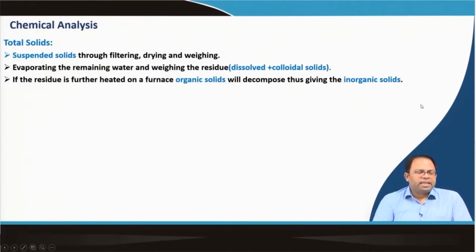So next, in chemical analysis, we determine the total solids, or the total amount of suspended solids, and we determine that through filtering, then drying, and then weighing it. Once the suspended solids are determined, like we have conducted in schools, we take a filter paper, put in the solution, and whatever is caught on the filter paper is the suspended solids, right?